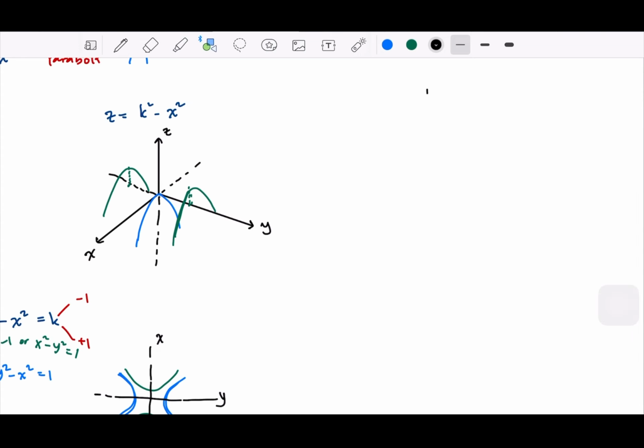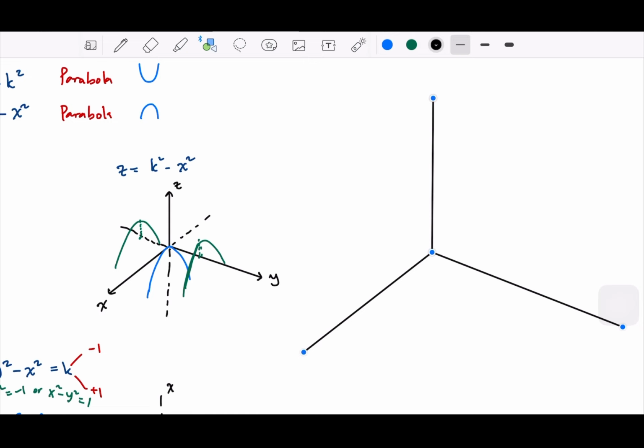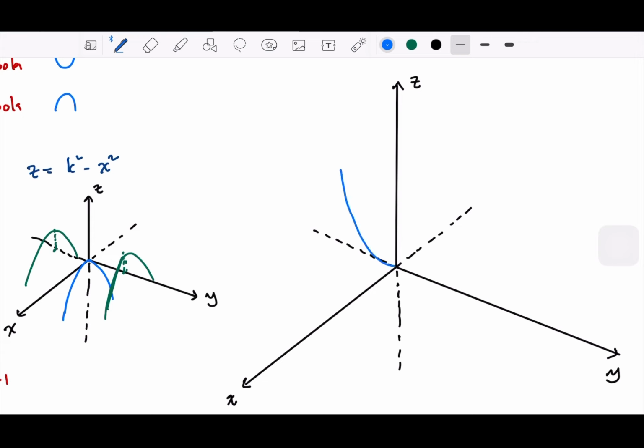Now we need to combine all the parabola and the hyperbola. It's quite complicated. So first we need to imagine the two parabolas are connecting, right? And the hyperbola will be the boundary for the sides, for each plane.